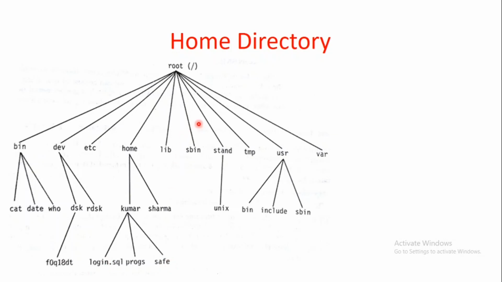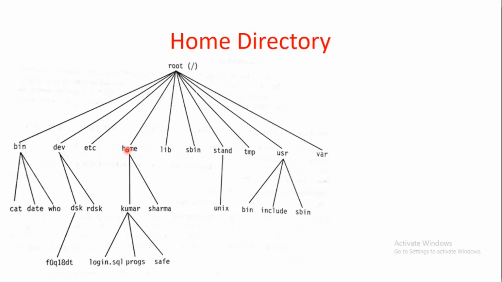Whenever Kumar logs in to the system by providing his username and password, the system will automatically place him in a directory called Kumar, which is his home directory. So Kumar's home directory is Kumar and Sharma's home directory will be Sharma. By default Kumar will be placed in a directory called Kumar, which is the child of the home directory.